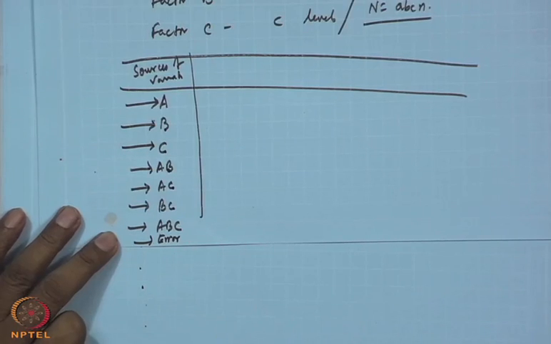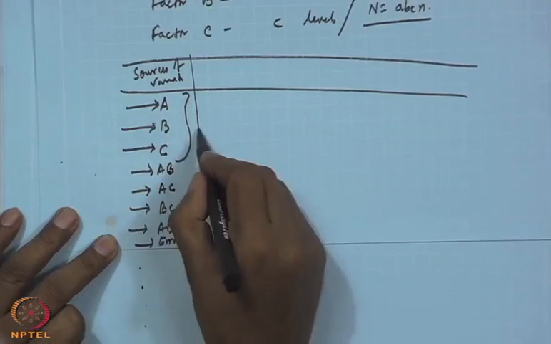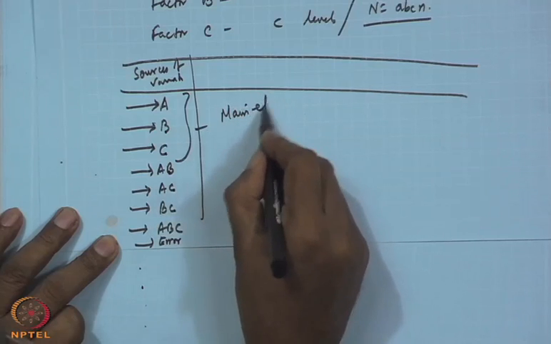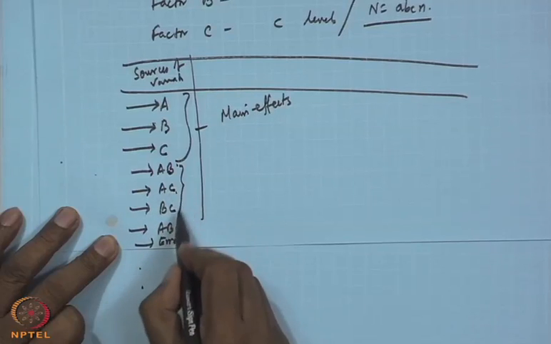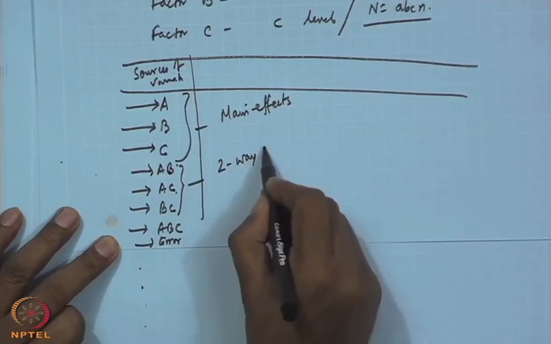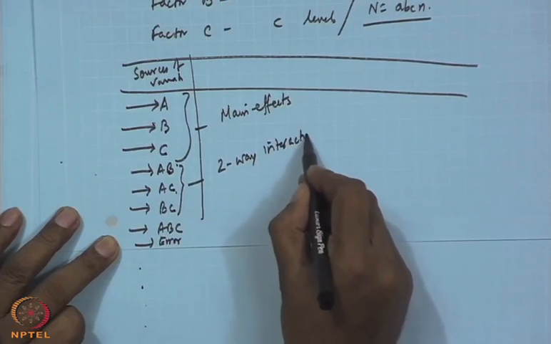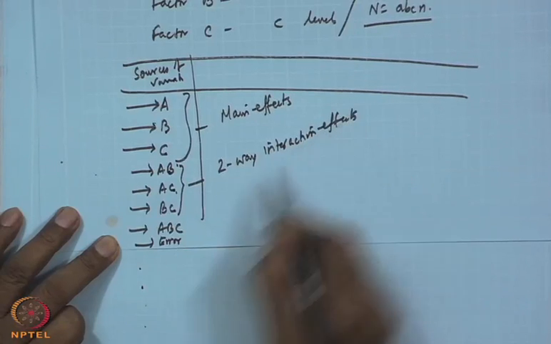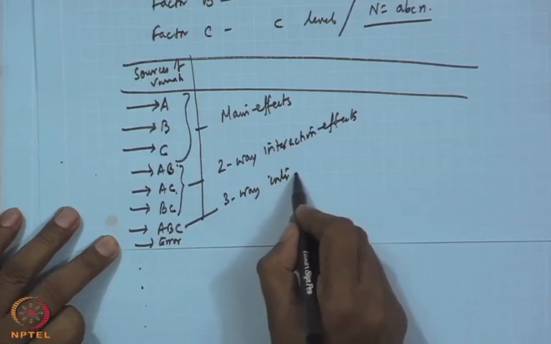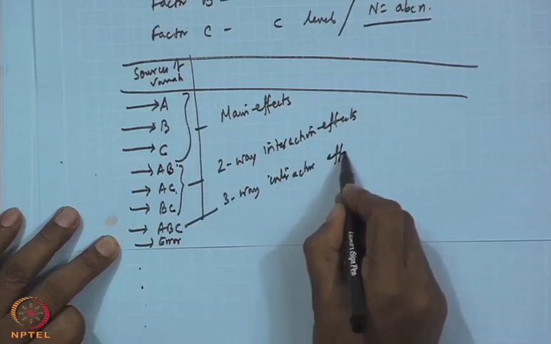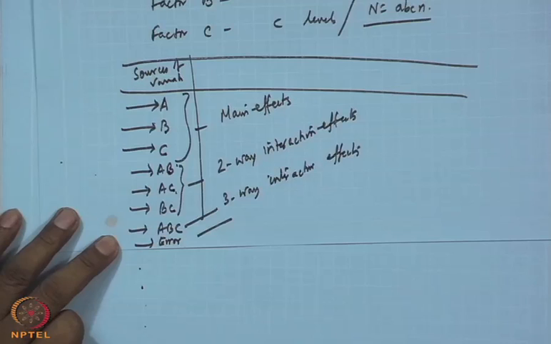So, your total variability will be decomposed into different sources. A, B, C are all known as main effects. AB, AC, BC are the two-way interaction effects. ABC is the three-way interaction effect. And error.